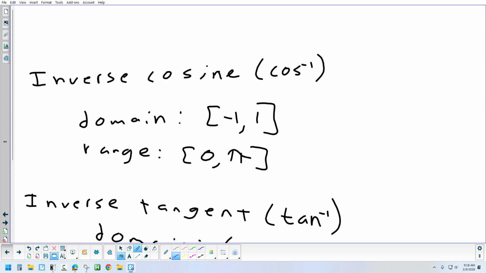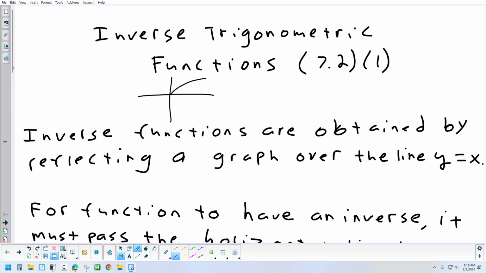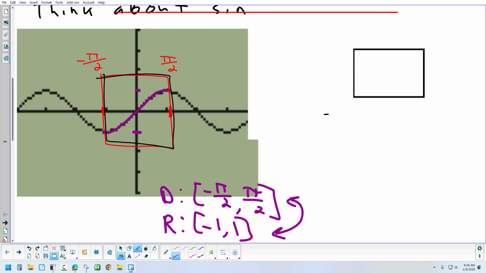Versus when you did it with sine, and we put in a value bigger than pi over 2, we weren't in an area that didn't exist. We were over here. So it exists, but the problem is we always get an answer that's in this box. So we got a different answer back.